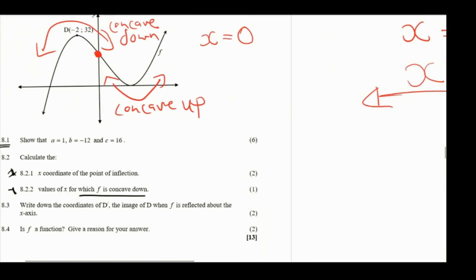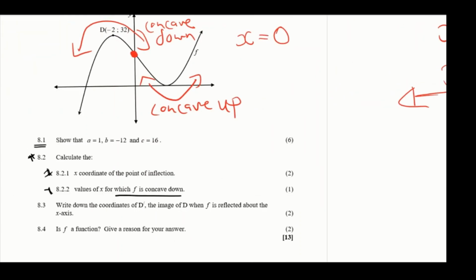As you can see in the diagram here, concave down is just below x less than 0. Anything of x less than 0 will mean that the graph has its concavity facing downwards.